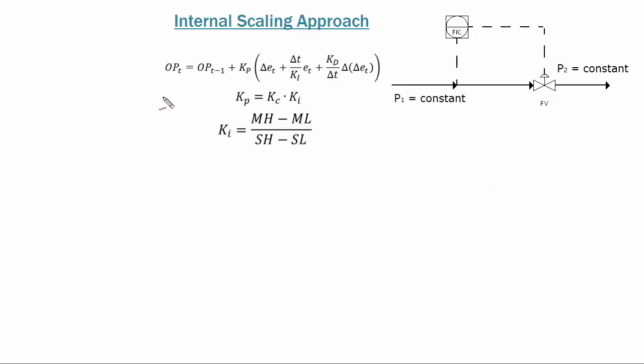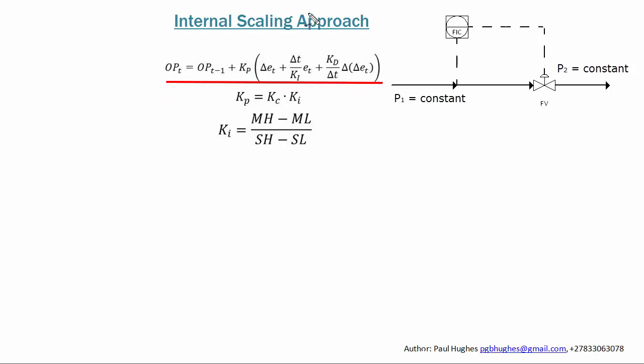So the first thing I'd like to try and get across is the concept of internal scaling, which is done by most control systems. Most people believe that when they type a gain into the controller, that is the gain used explicitly as shown in this equation here.